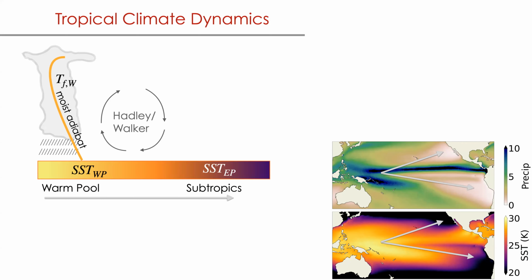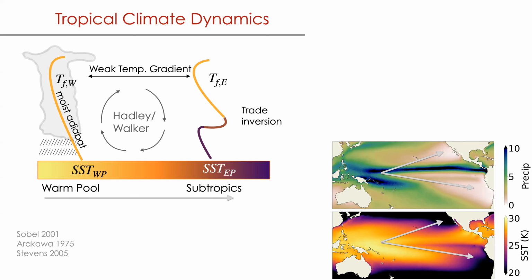The vertical temperature profile in the West Pacific is generally fairly close to a moist adiabat set by the sea surface temperatures. And through the weak temperature gradient approximation, we know that the free tropospheric temperature almost everywhere in the tropics is basically set by the warm pool SSTs.